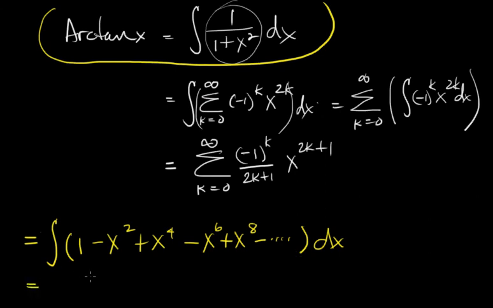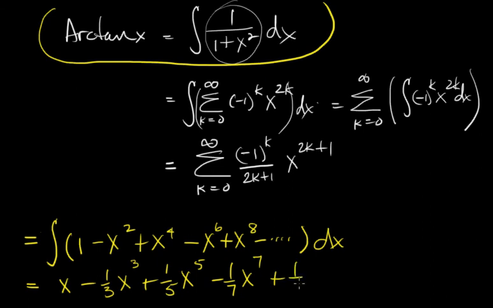The integral of the series will be equal to integrating term by term. So we would get x minus a third x cubed plus a fifth x to the 5th minus a 7th x to the 7th plus a 9th x to the 9th minus so on. So that's your answer there. If you take a minute to see, I think it's really good to see that these are exactly the same thing.